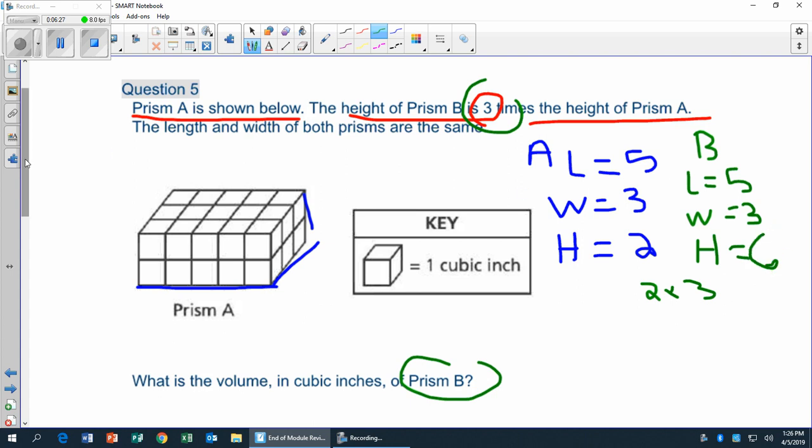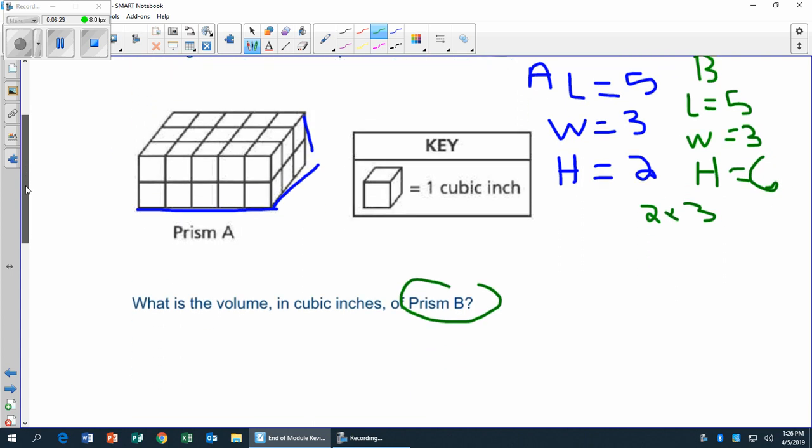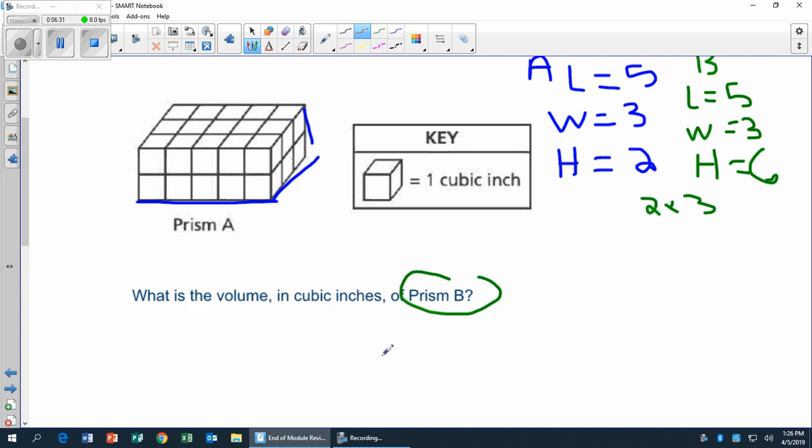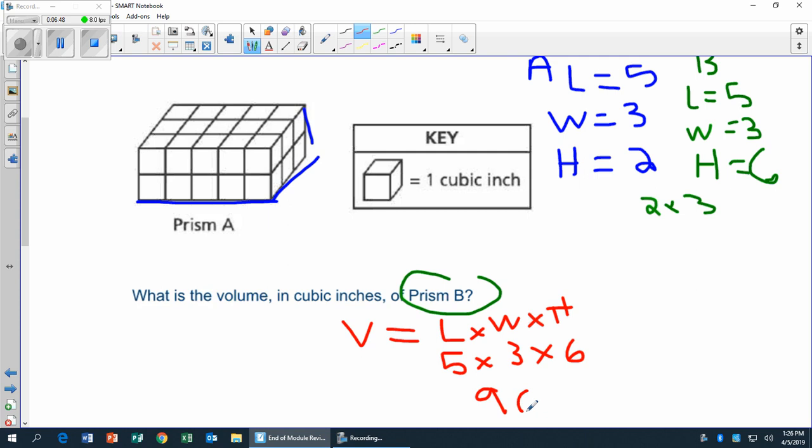And so now we're going to go through and we're going to find the volume of B, which is everything that's in the green. So we have our volume equals length times width times height. And when we do the length, we have 5 times 3 times 6. And when I do 5 times 3 times 6, I end up with 90. And we're talking about inches. So we do IN, and we have it to the third power.